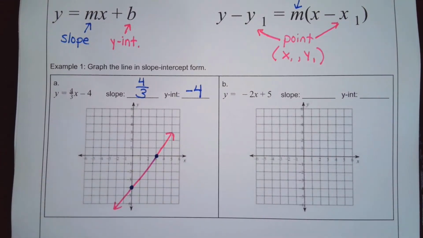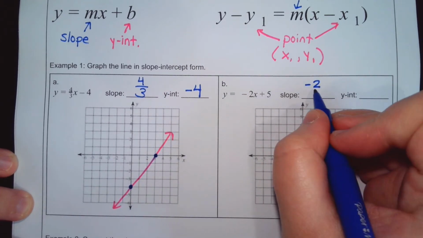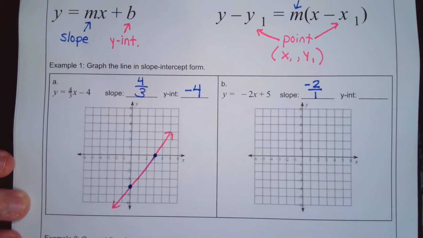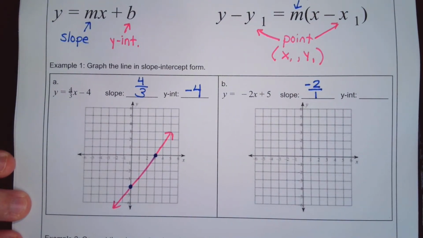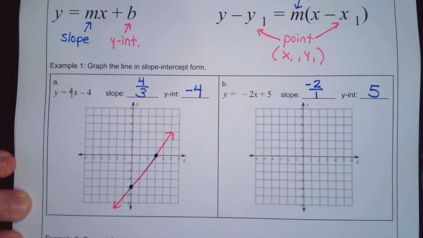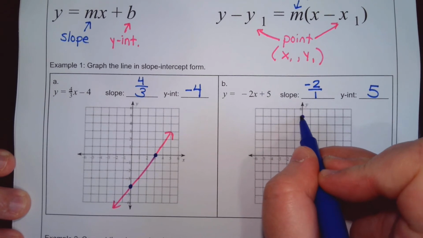All right, our next one, y equals -2x plus 5. So our slope is -2, but remember, when we have a whole number, it is over 1, so that way we do have a rise and run. And then our y-intercept is +5. So we come up to +5.